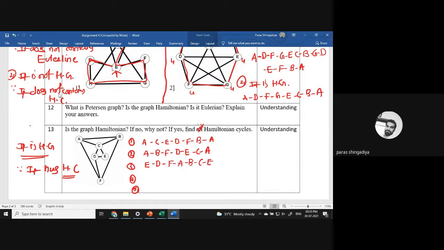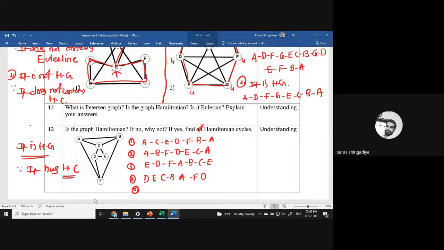Third one. Now let's consider. Someone has replied D, E, C, A, B, F, D. D, E, C, that is also applicable. D, E, C, B, A, F, D. Okay, that is possible.